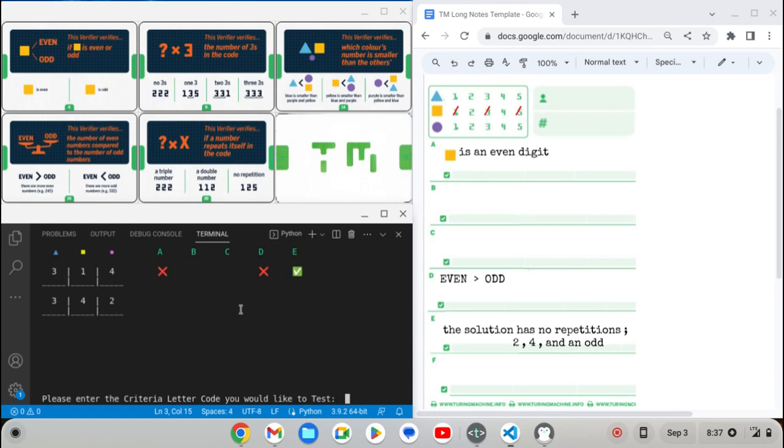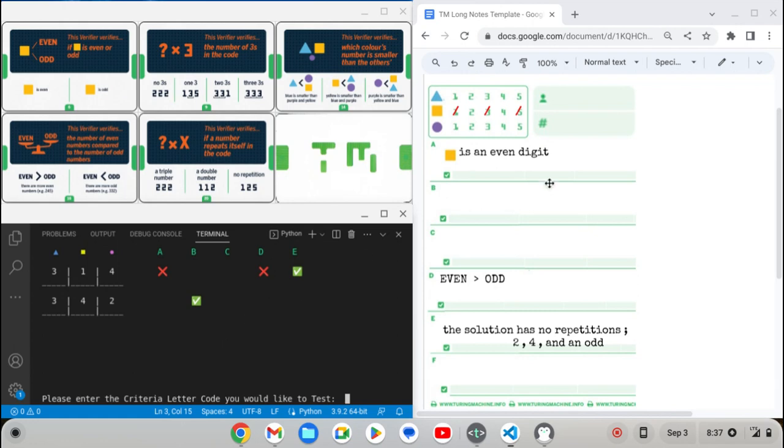I think we may be able to deduce the smallest, but I think we still need a little confirmation whether there's a 3 or not. Because if there isn't, then it could be a 1 or it could be a 5 in either triangle or circle. So let's go ahead and test criteria card B.